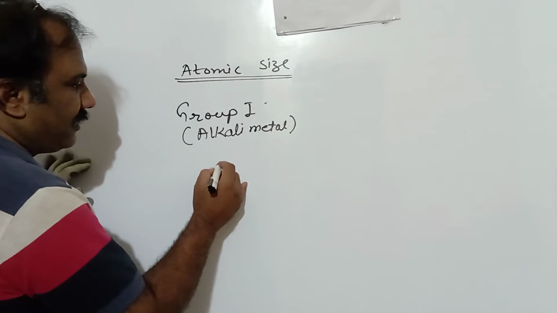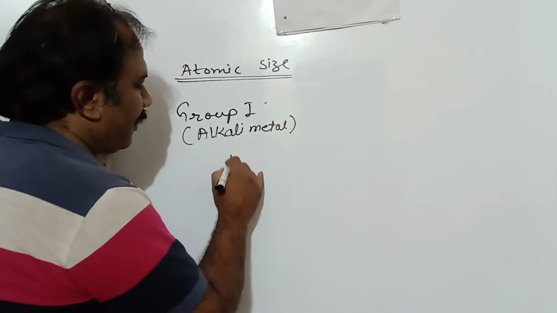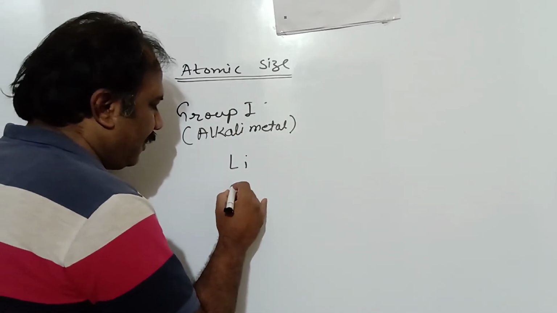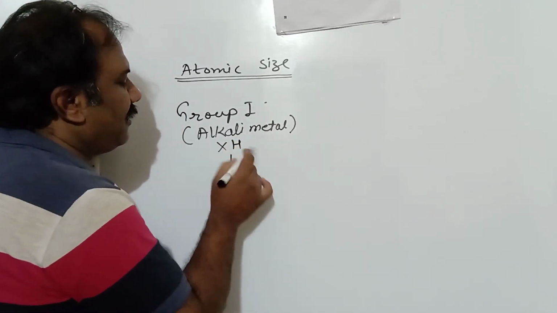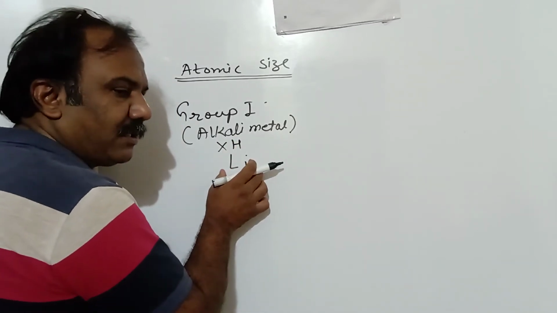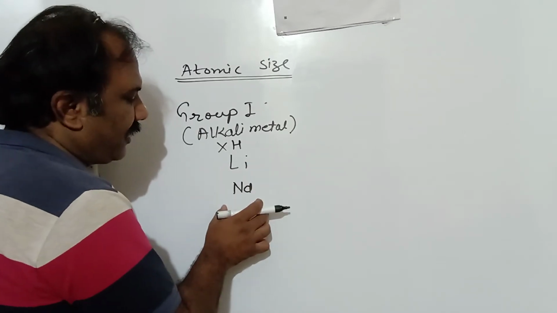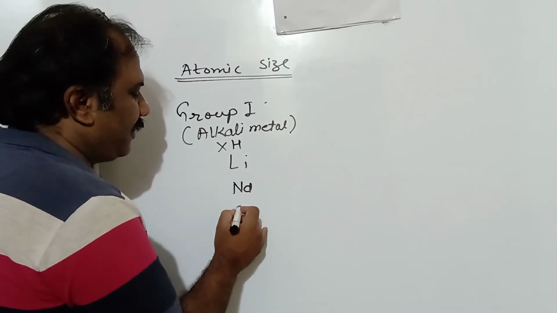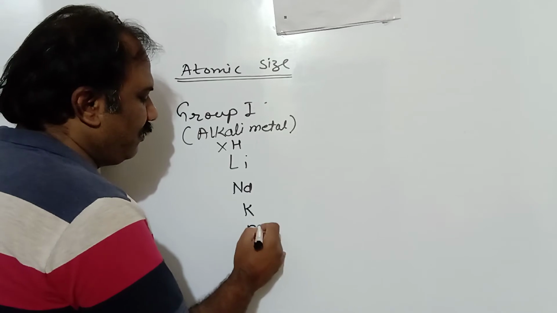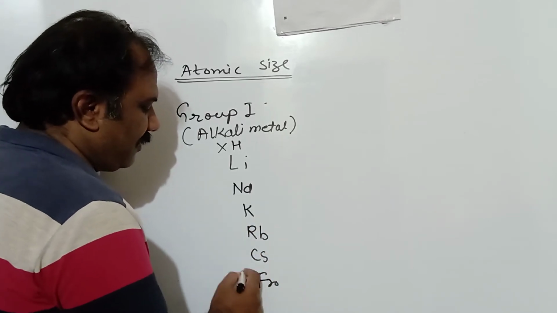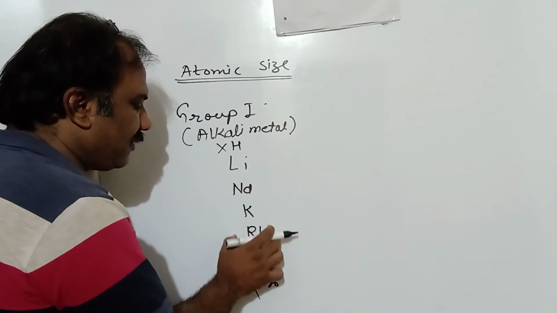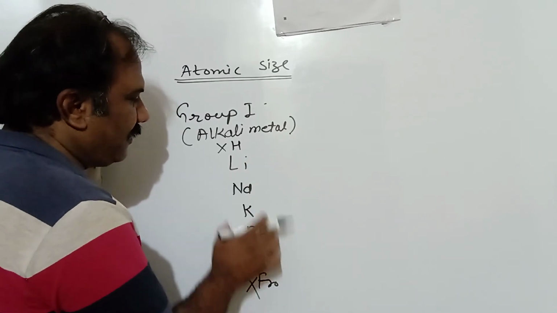The elements in group number 1 are, hydrogen is the first element, then lithium, but we are just discussing from lithium: lithium, sodium, potassium, rubidium and cesium, and the last element is francium. But we are discussing only these elements.